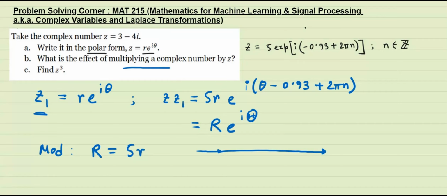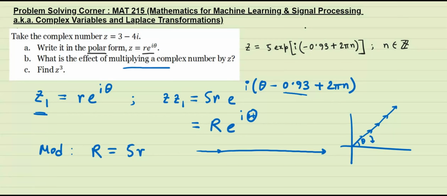What happens to the argument? The argument is decreased by this amount. For example, if this was r e to the power i theta, this would be theta and this would be r, and it has been increased by 5 times. So now this is the new modulus, and it goes in the clockwise direction about 1 radian, or 0.93 radian.